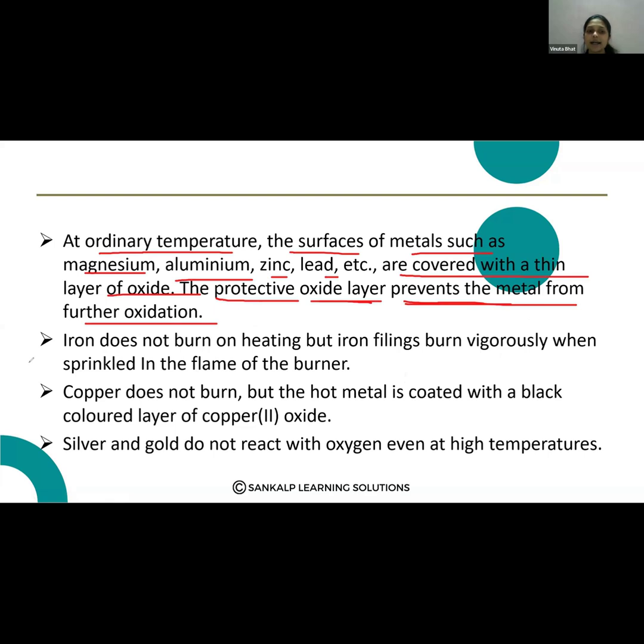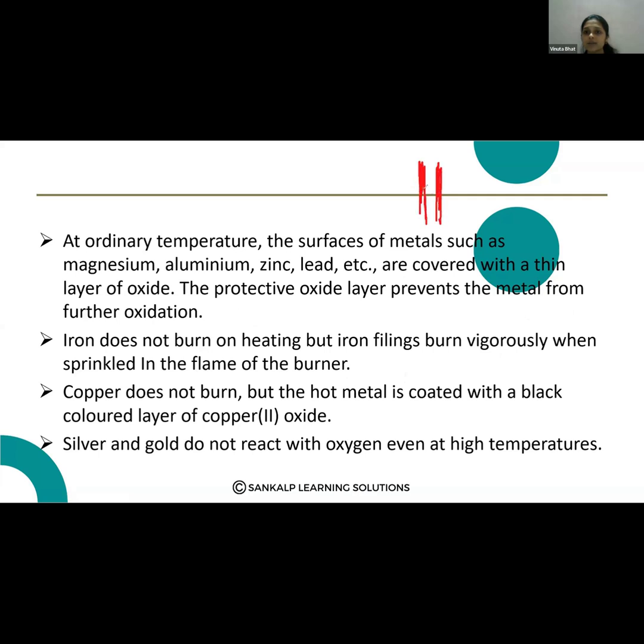Just imagine this is the metal and the outer layer is covered by the oxide layer, and this oxide layer prevents the remaining metal from further oxidation.